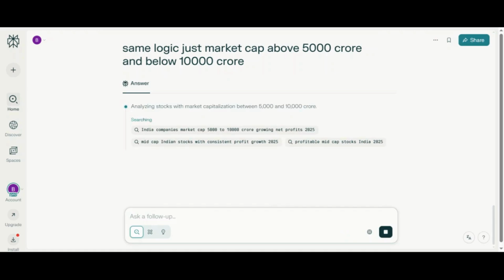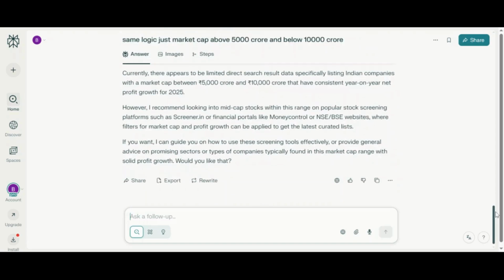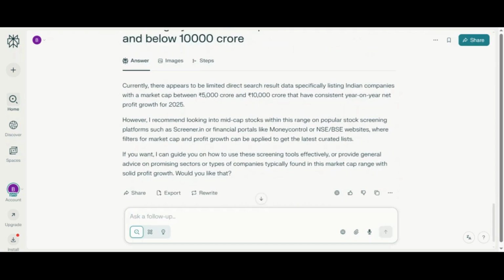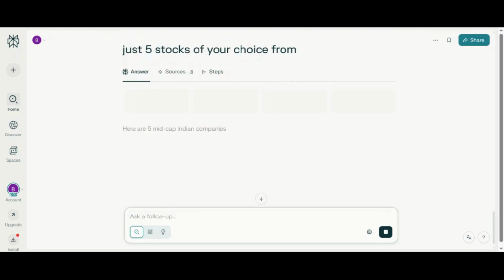Let's see what it suggests. Okay, just five stocks of your choice because there are lots of companies. You cannot suggest everything. Let's see what it suggests.